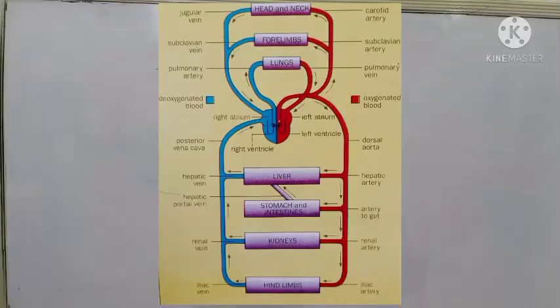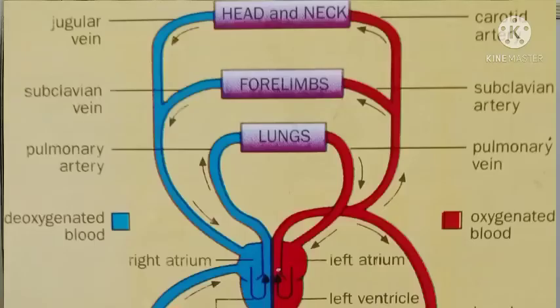Students, you can see the diagram on your screen, in which in the middle is the heart, and the artery which transports the blood to the head and neck region is the carotid artery, and the vein which carries the blood back from the head and neck to the heart is the jugular vein.